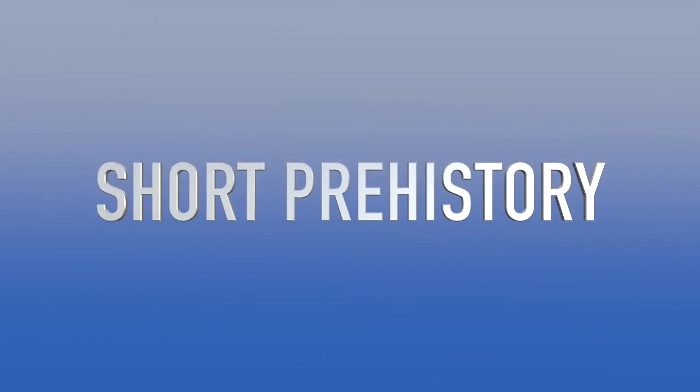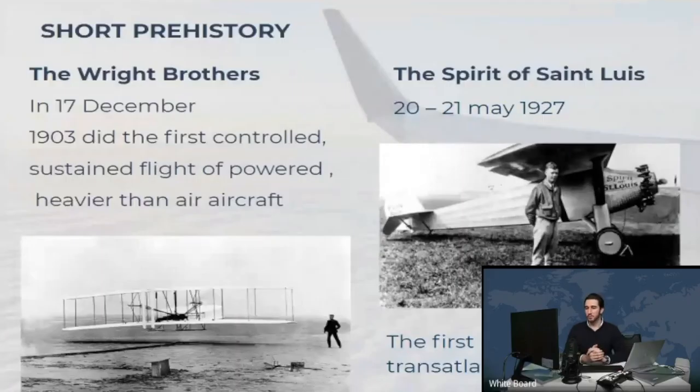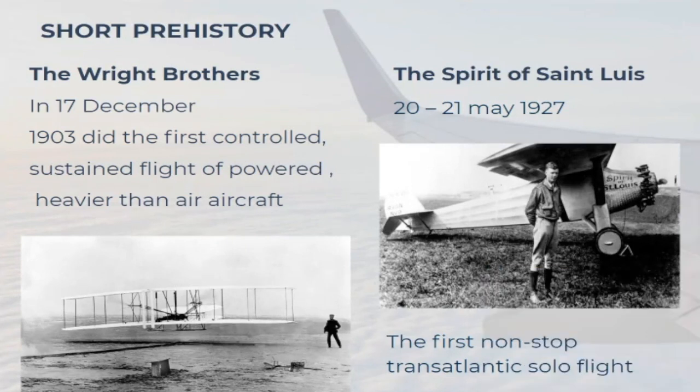Let's make a very short prehistory, not to bore you, okay? We don't want that today, especially. A short prehistory of aviation. So, the Wright brothers. I'm actually sure that they are the inventors of aviation. On 17 December 1903, the first controlled, sustained flight of a powered, heavier-than-air aircraft.